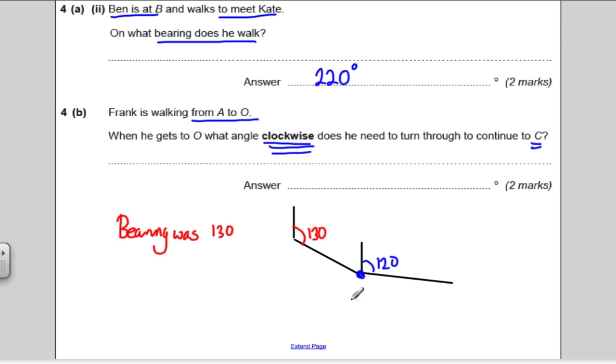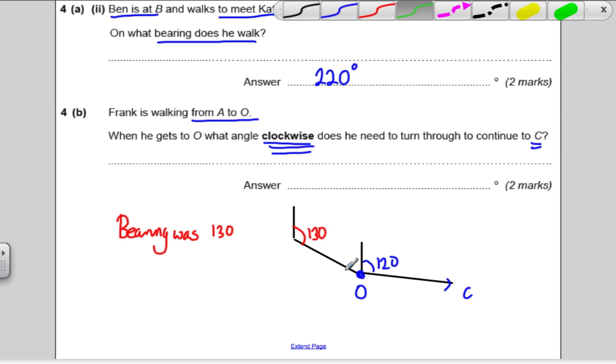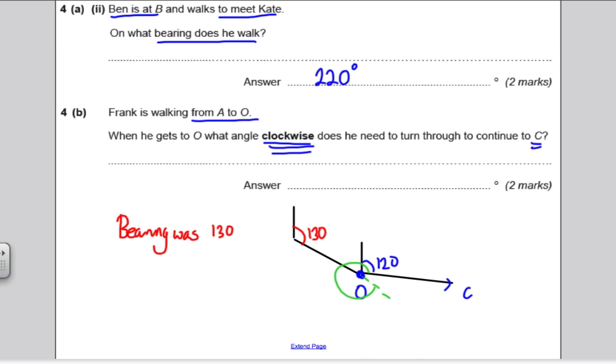So when he gets to this point here, at O, what angle does he have to go clockwise to get back on the correct direction to get to C? Well, I know he could just turn 10 degrees anti-clockwise, but he's not allowed to go anti-clockwise. Instead, he's got to go all the way from the angle he's currently going on all the way around to here.